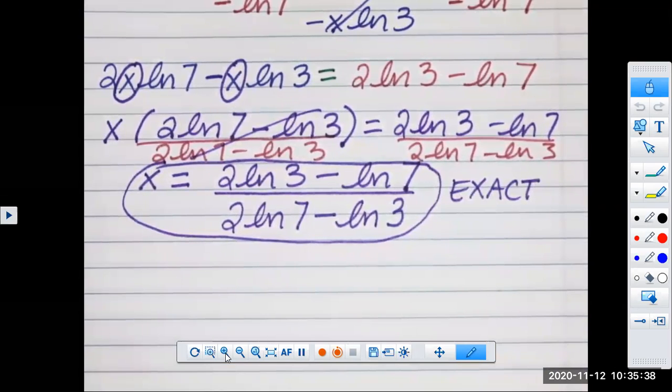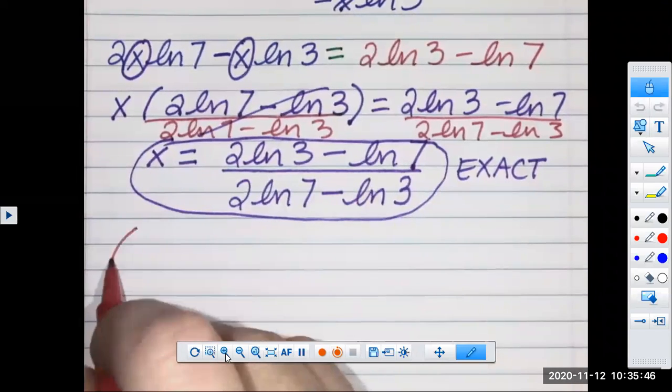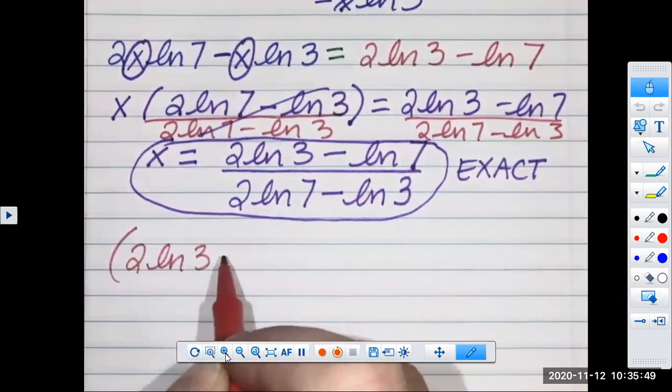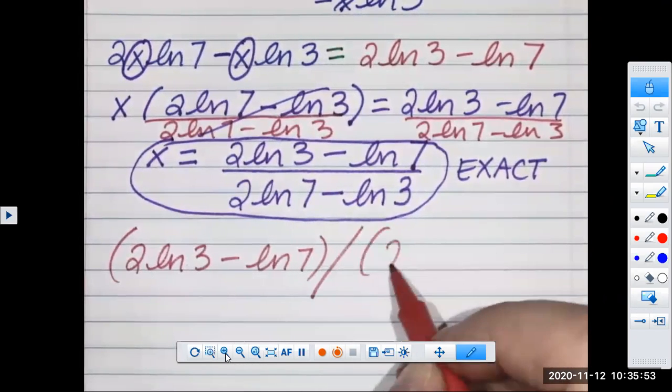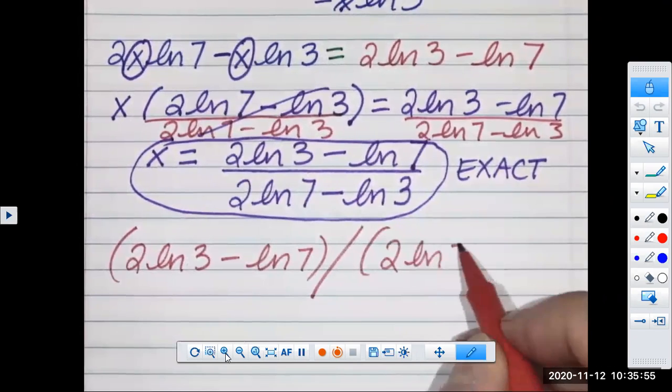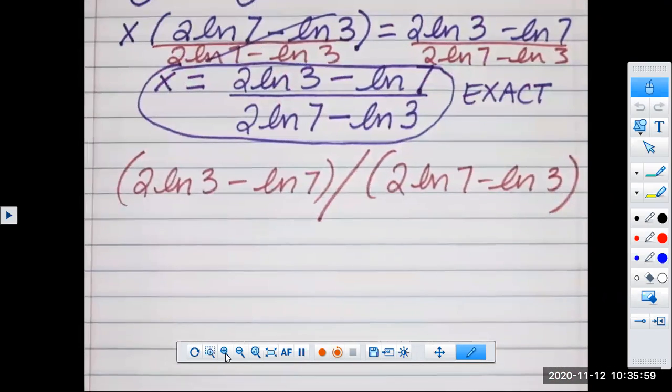Okay, when you type this in a calculator to get your rounded answer, I would type it in all at one time, but you need to make sure that you put the top in parentheses and then divide and put the bottom all in parentheses. And then, of course, hit equal.